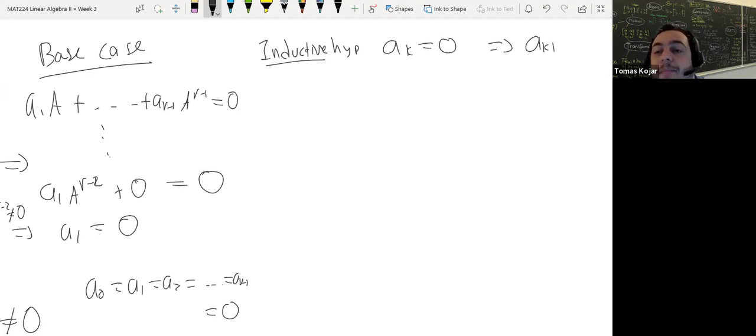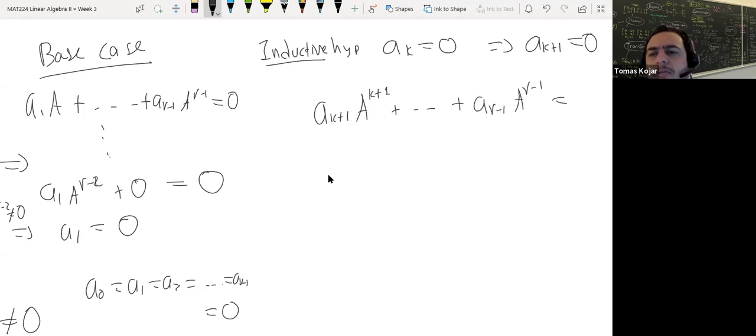Show that a_{k+1} is also 0. So then we're left with a_{k+1} A^{k+1}, the same coefficients, all the way to a_{r-1} A^{r-1} equaling 0.